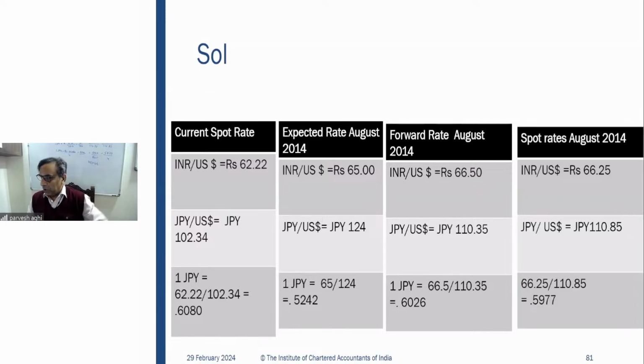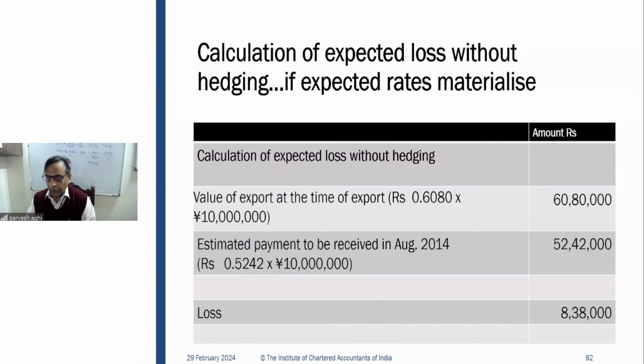So I have calculated this on the board. Now, let's do one by one. Suppose the expected rates had materialized. So what would have been the loss without hedging? Suppose the expected rates were the rates at which things would have come.